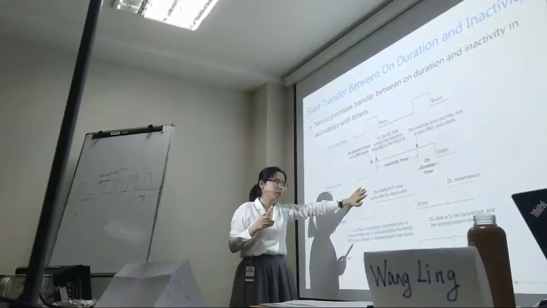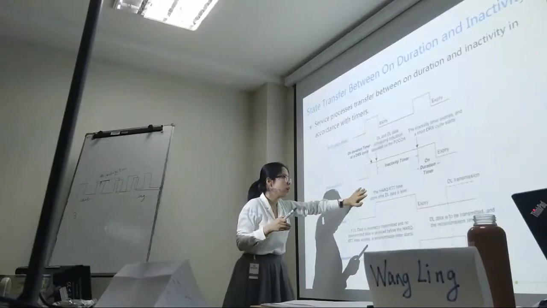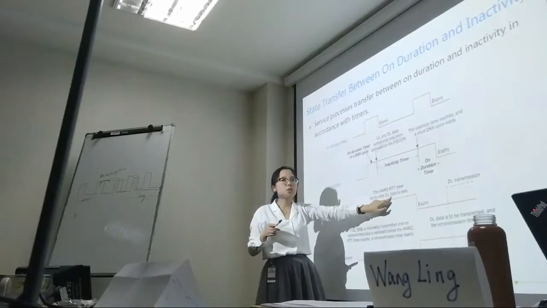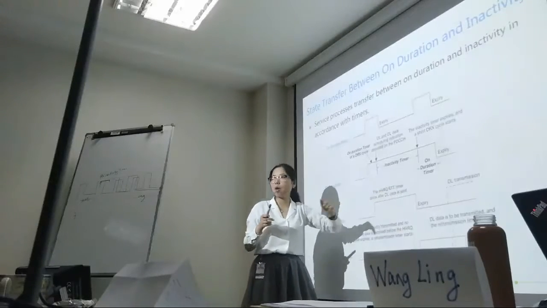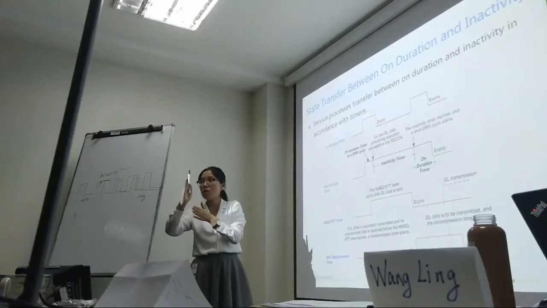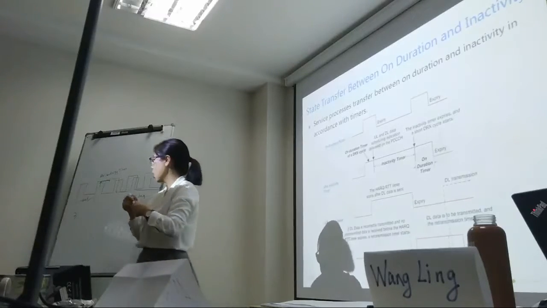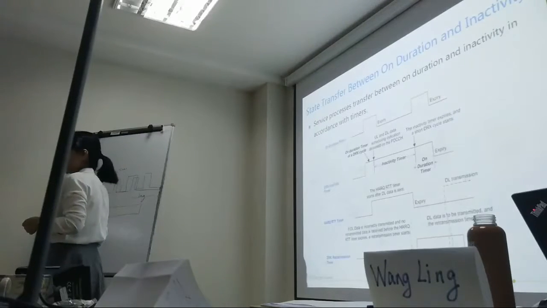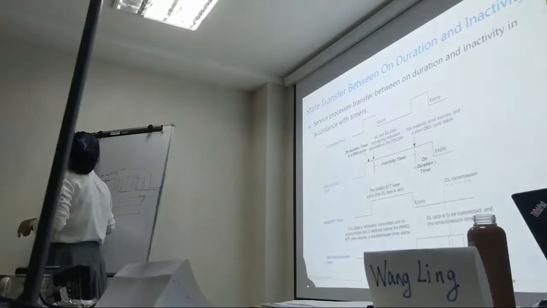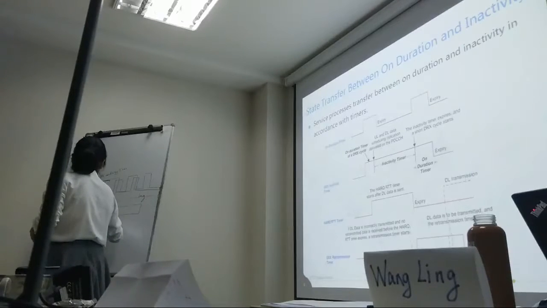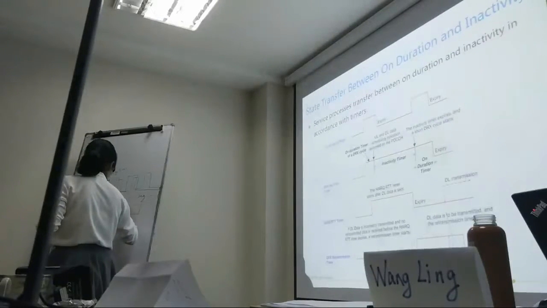If the eNodeB side transmits data, it will start the HARQ RTT timer. That means the next time I should transmit data. You remember the HARQ procedure: the time is at least 8 milliseconds.